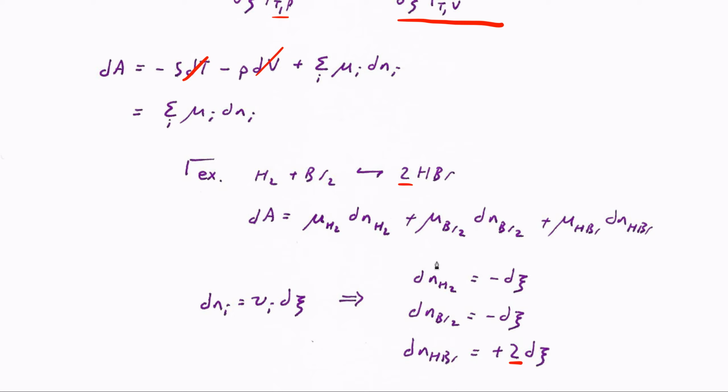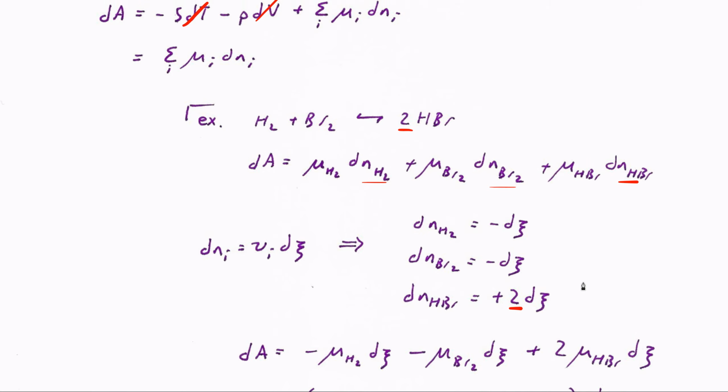So I can take each of these terms, dn H2, dn Br2, dn HBr, insert them into the expression we have for the change in Helmholtz free energy, and we find that dA is minus mu H2 d squiggle, where the negative sign came because H2 is a reactant, minus mu Br2 d squiggle, plus 2 mu HBr d squiggle.